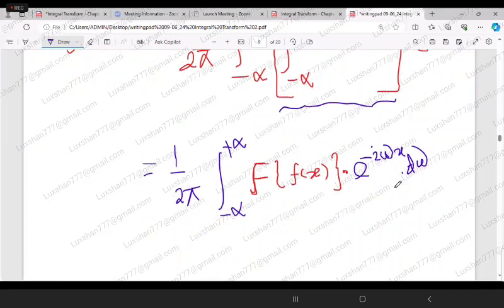So the Fourier integral can be written in this way. Therefore, now this is our f(x).